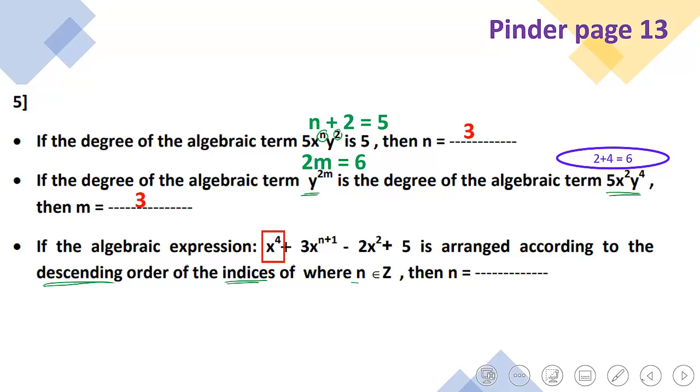I have the first one, x to the power of 4, and I have the third one, 2x to the power of 2. So sure, the difference of indices between them is 3. This should be 3x to the power of 3. So n plus 1 should give me 3. So n is equal to 2.